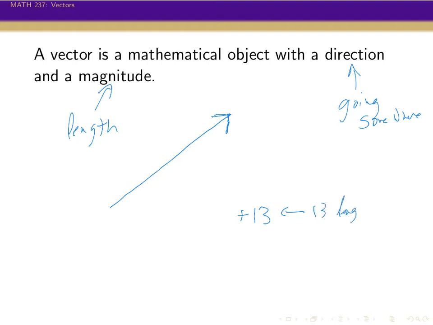And in one dimension, there's only two directions, either positive or negative. So it's 13 long and positive. That's its magnitude and direction, versus something like minus 5. Minus 5 is 5 long, and its direction is negative.